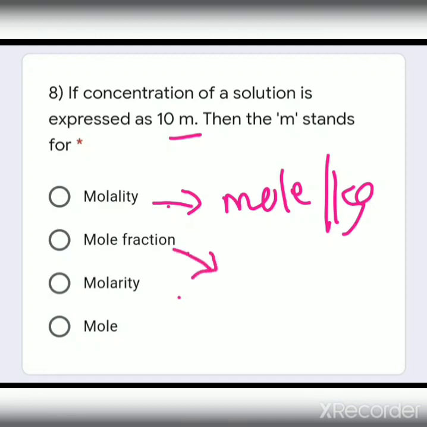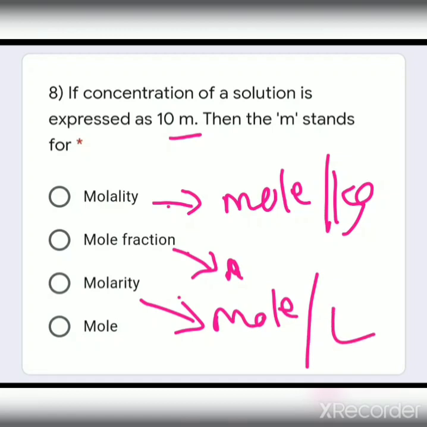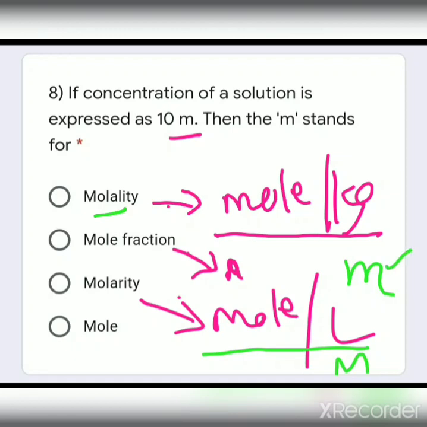For mole fraction, there is no unit, and for molarity it is mole per liter. I told you mole per kg is represented by small m, and mole per liter can be represented as capital M. So for molarity, the unit is capital M. For molality, the unit is small m.